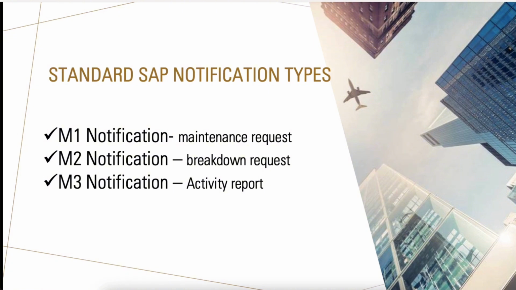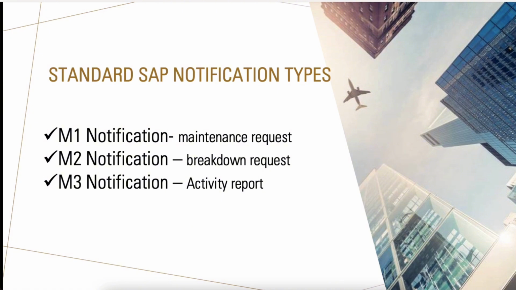And why do we normally have this? It actually helps us to streamline our work orders. So when we have our notifications automatically linking to the work order, it would enable anybody or maybe any maintenance team to properly understand that particular issue that is going on.